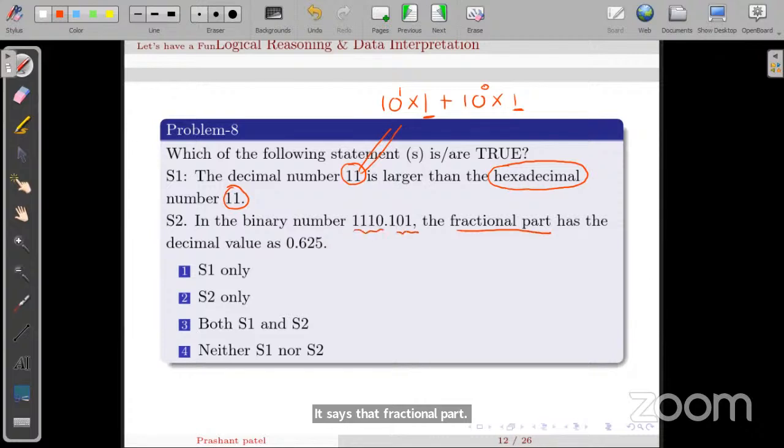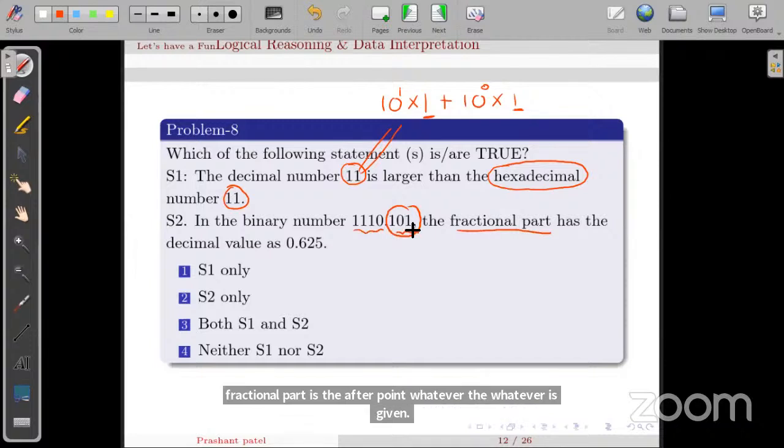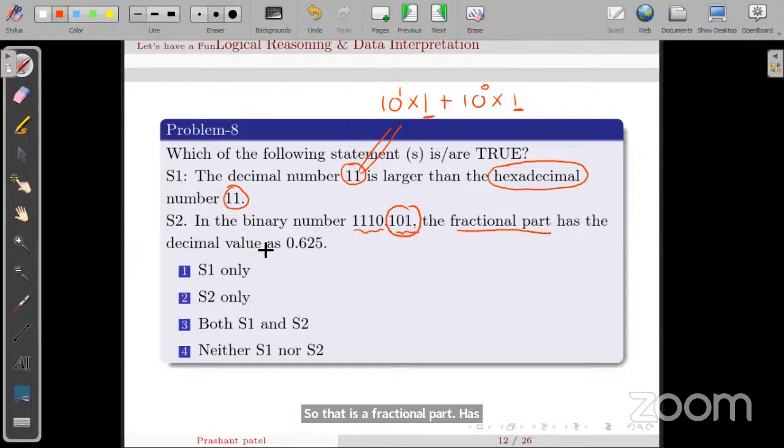The fractional part is whatever is given after the point. Does the binary representation have a fractional part with the decimal value 0.625? This is the question.